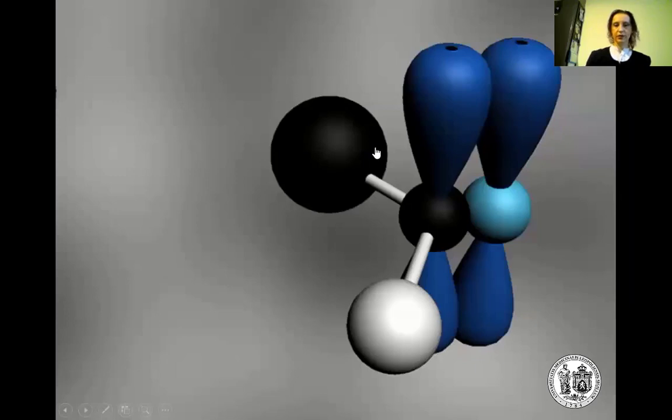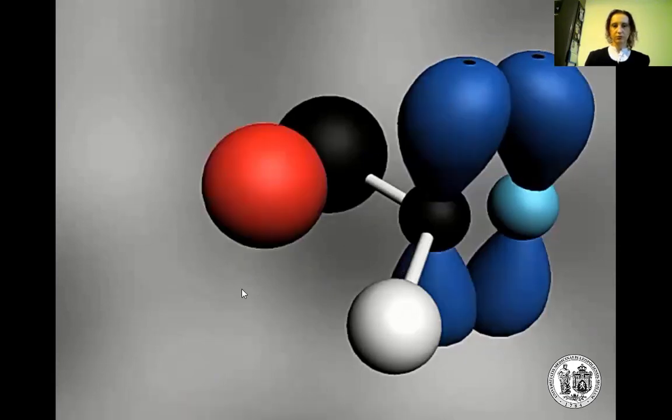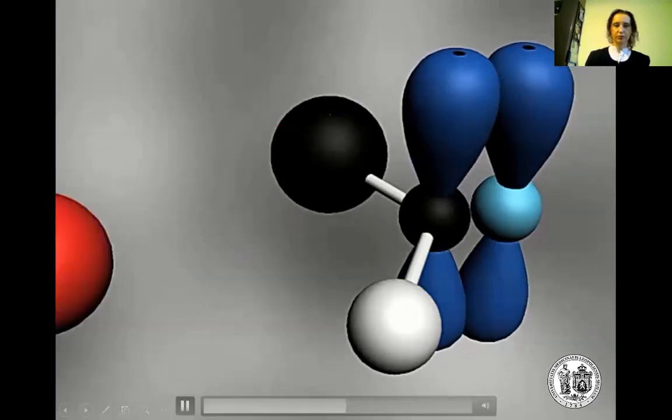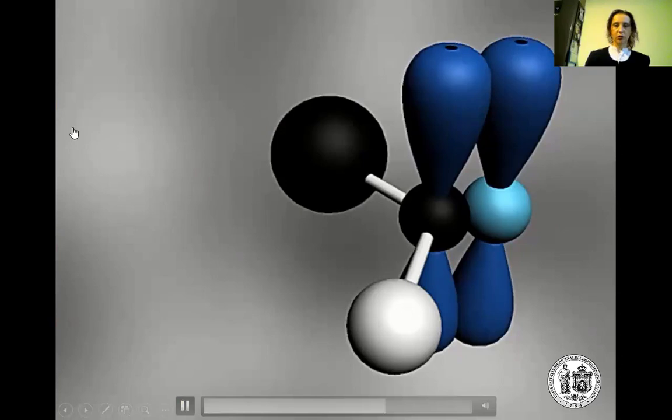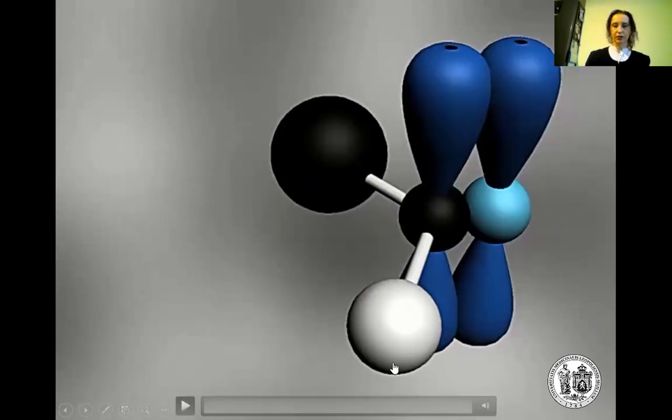So this is an alkyl group, and the attack of the nucleophile. You can see that this group disturbs. So from this side it is difficult, from this side it is better to attack.